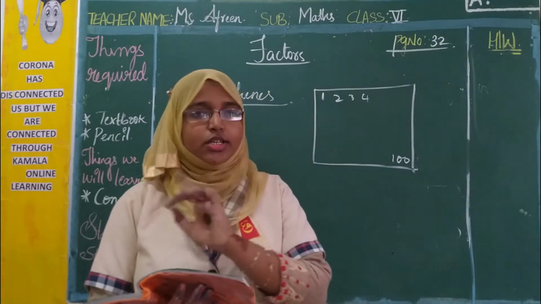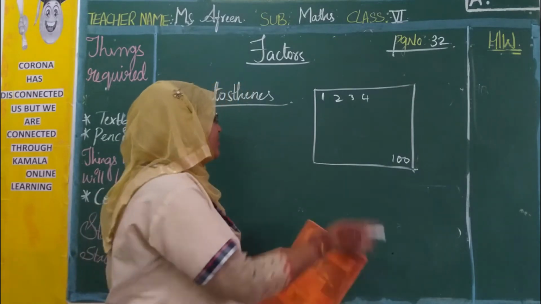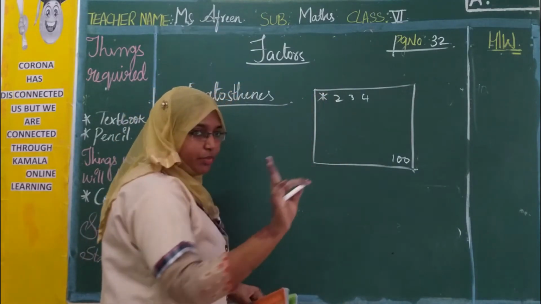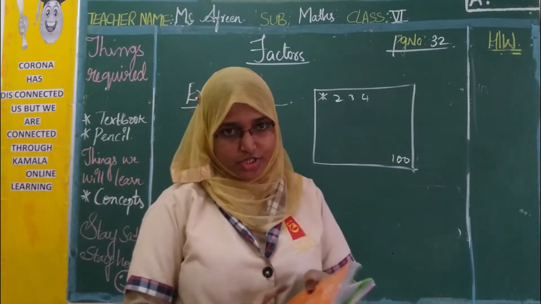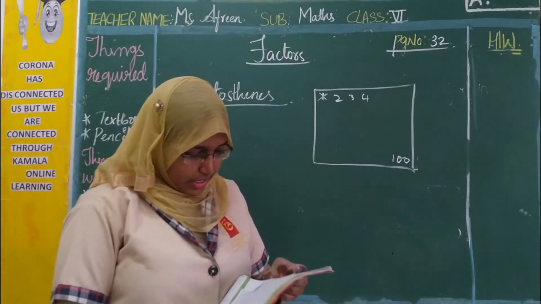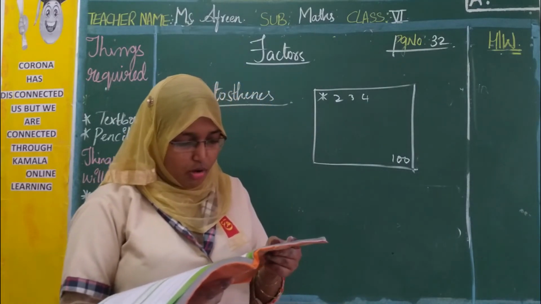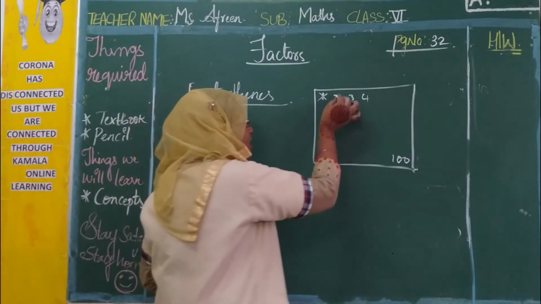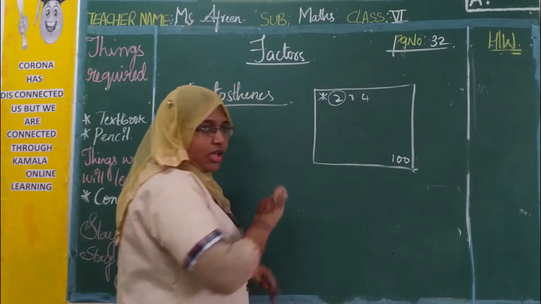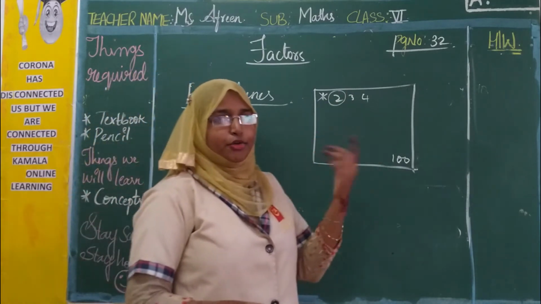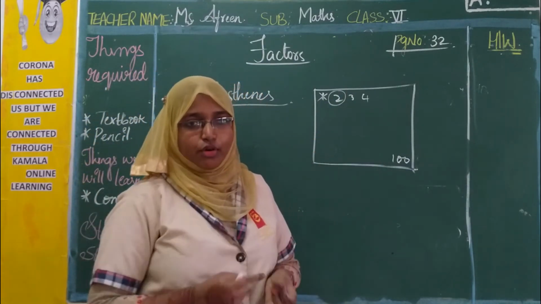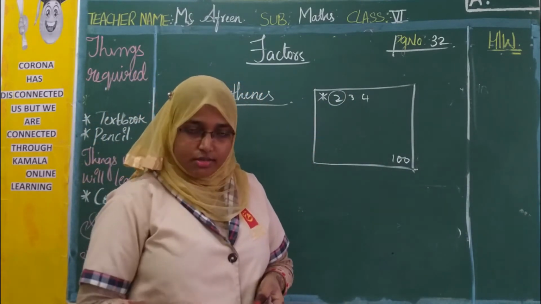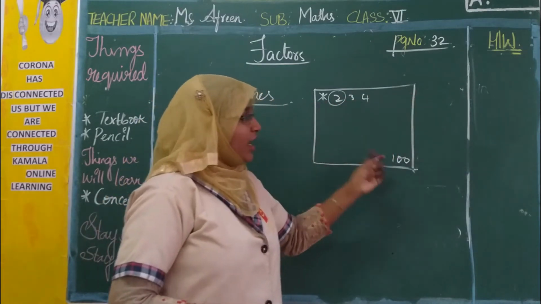Cross out 1 because it is neither prime nor composite. So firstly we will cross out 1 because it is not a prime number and it is not a composite number either. Next, encircle 2, cross out all the multiples of 2 and so on. Now you will circle 2. And what are the multiples of 2? Nothing but the 2 table. 2 ones are 2, 2 2s are 4, 2 3s are 6, 2 4s are 8, and so on you will move on till 100.